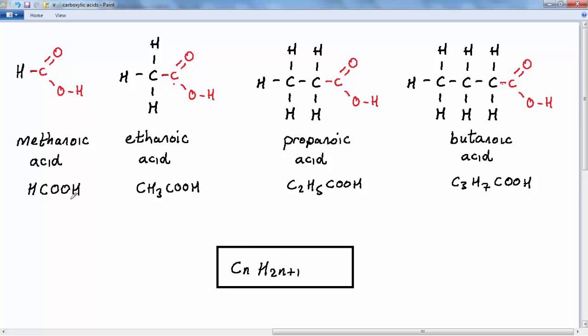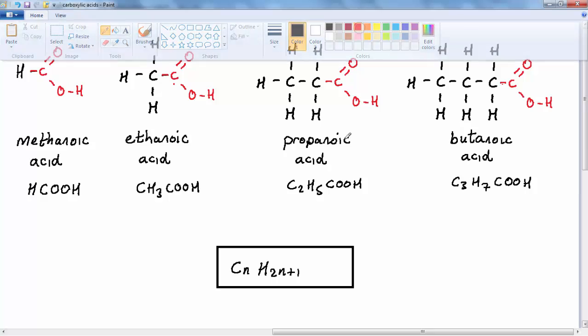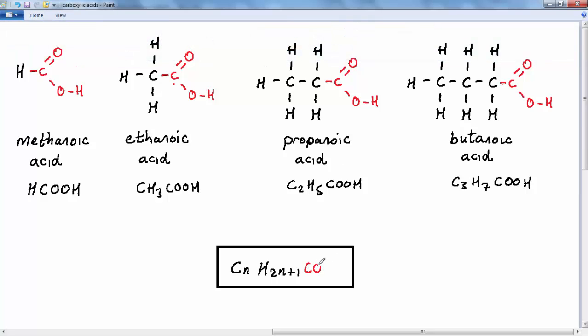So in this series, the first member of this series will be n equals 0. And then to that we'll add the functional group, which is COOH. You do not need to do this in a different color, I'm just doing that for emphasis.